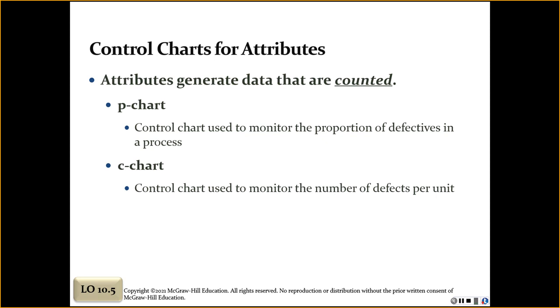You would use the C chart only when the number of occurrences per unit of measurement can be counted. So examples of that would be, if you were looking at a car that was being produced, are there any scratches, chips, dents, cracks, breaks, anything broken, anything torn? That's when you would use the C chart.